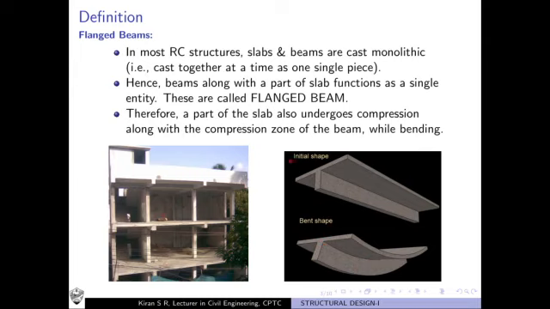So this beam along with a part of the slab on either sides of it will be called as a flanged beam. So flanged beams are those beam slab systems wherein the reinforced beam along with a portion of the slab will behave as a single entity. As a result the part of the slab also undergoes compression along with the compression zone of the beam while bending.